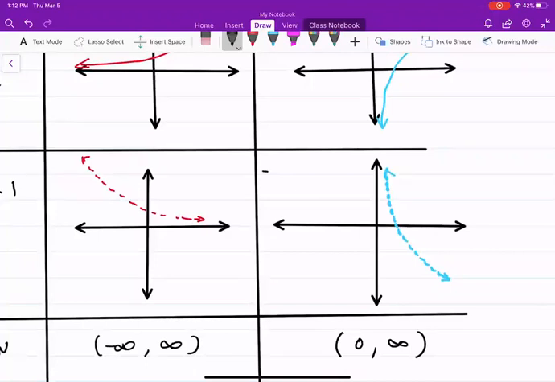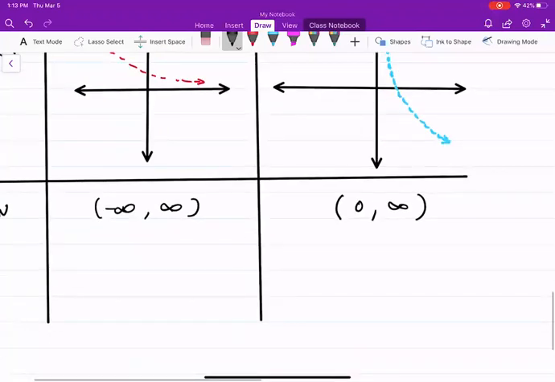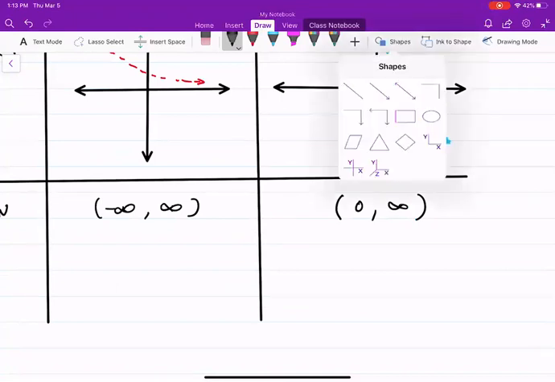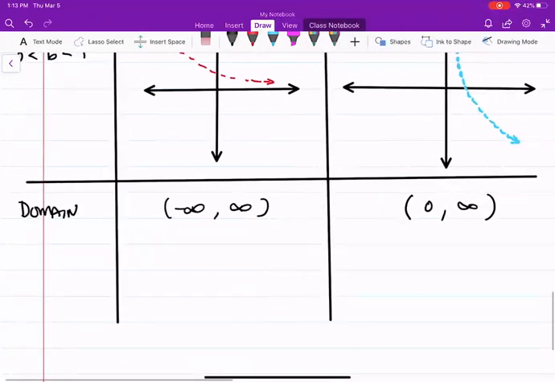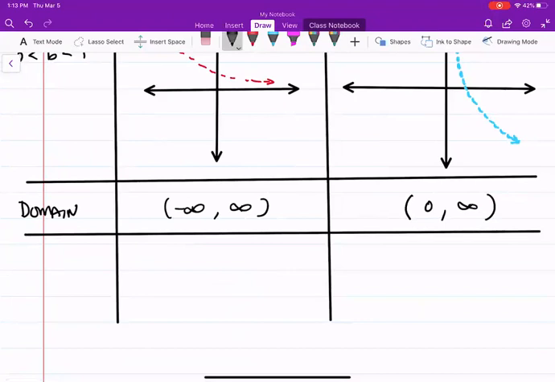So my x value is going to get really, really close to 0, but not touch 0. So that's why the 0 here is in parentheses. Correct, because it doesn't actually touch the 0, or the y-axis, I should call it. Does that make sense? Correct. That's why it would be an asymptote.